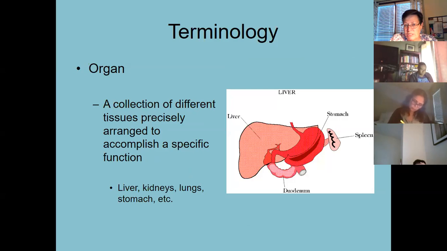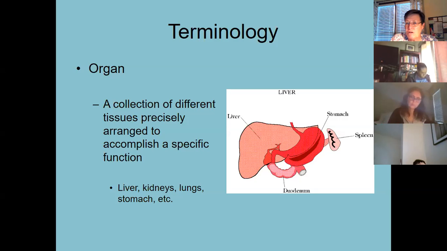There's the stromal tissue, that's the supporting tissue. There's the nervous tissue. All of these different types of tissues work together to form an organ. And again, organs have a specific function. The liver, the kidneys, the lungs, the stomach, all of these are examples of different types of organs.